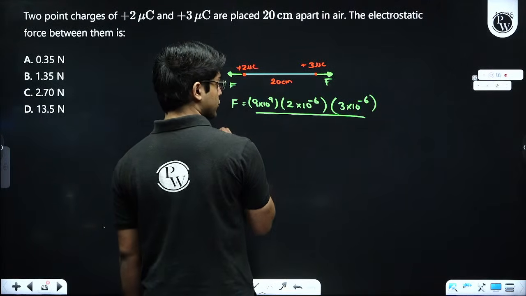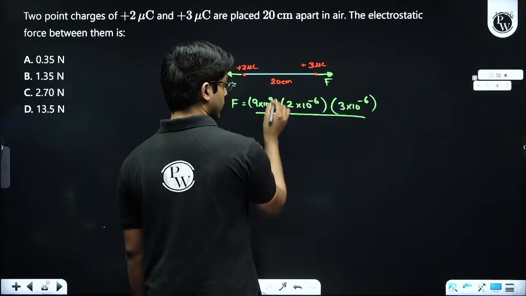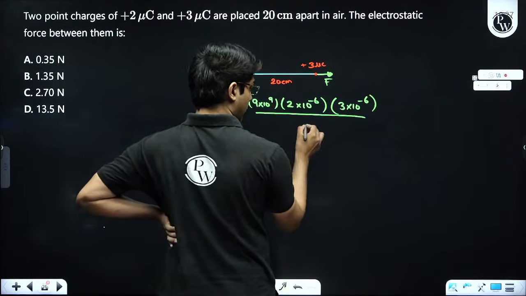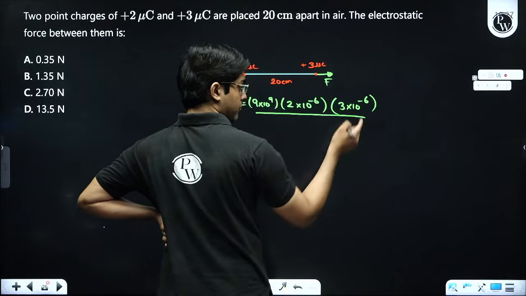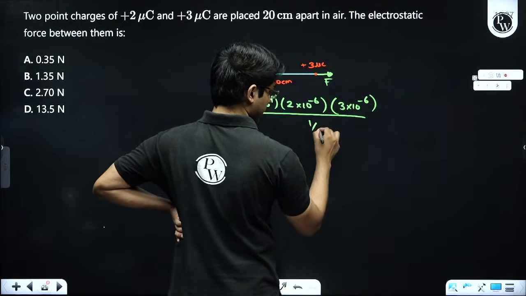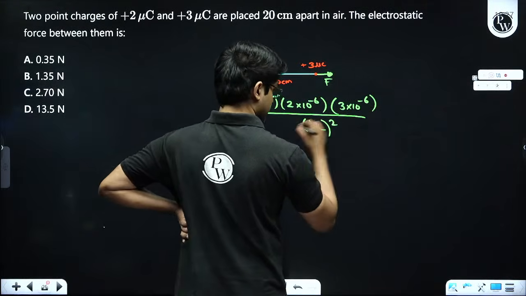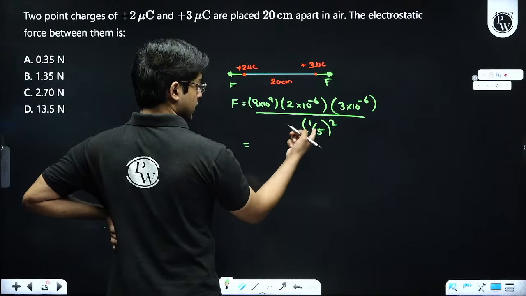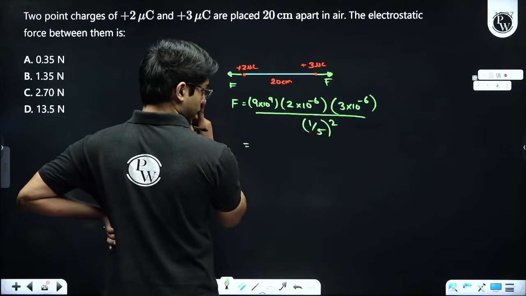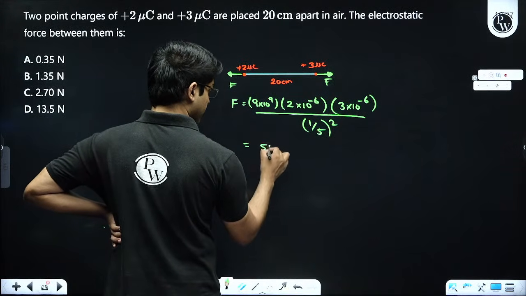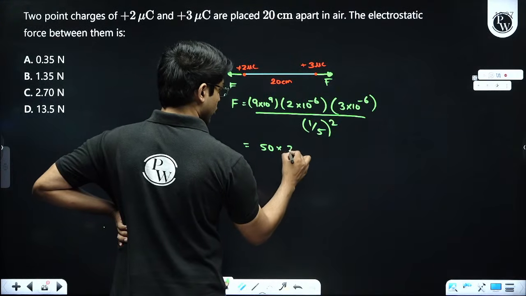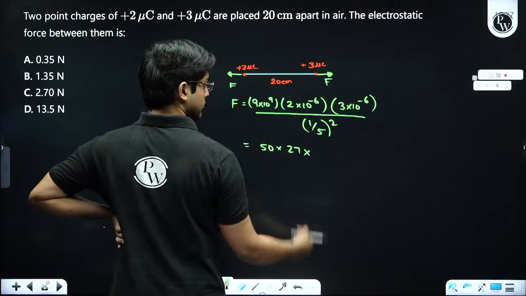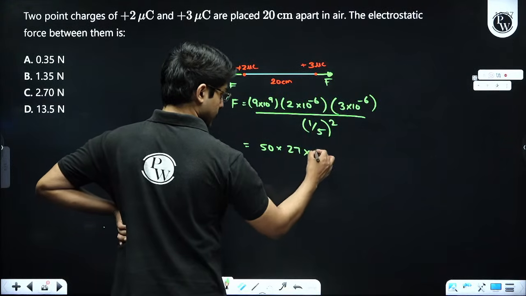This also you should convert into SI units. So if you divide it by 100, it will be 0.2. 0.2 is actually 1 by 5. So 1 by 5 square. Okay, so what does this come out to be? 9 2s are 18. So this is 25, right? 25 into 2 will be 50. 50 into 27 multiplied with 10 raised to minus 3.